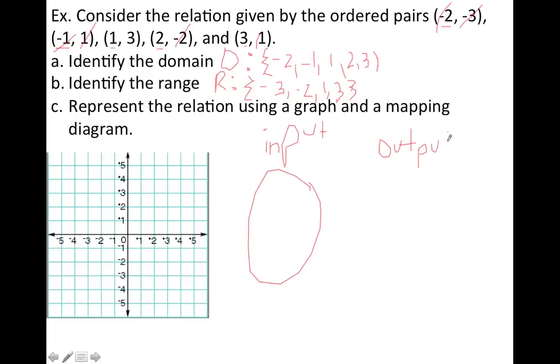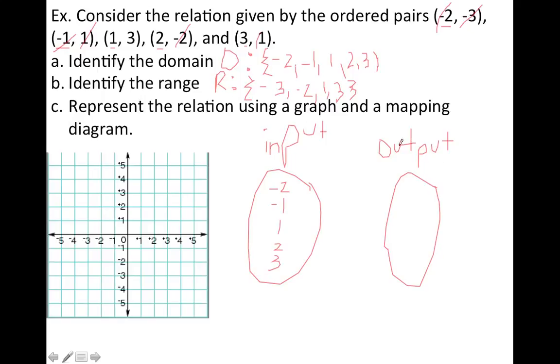Now, this example made it really easy for us because we identified our domain and our range. So what we do, we take our domain numbers, since they're already in least to greatest order and there's no repeats, and we just put them inside our oval here. So we have -2, -1, 1, 2, and 3.